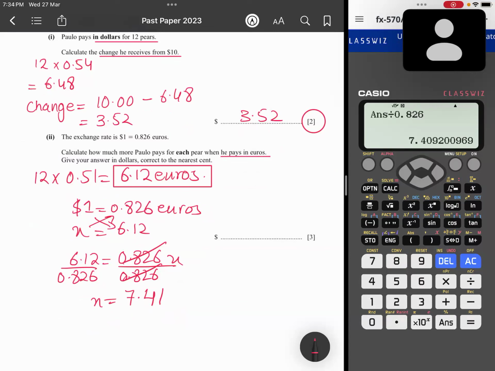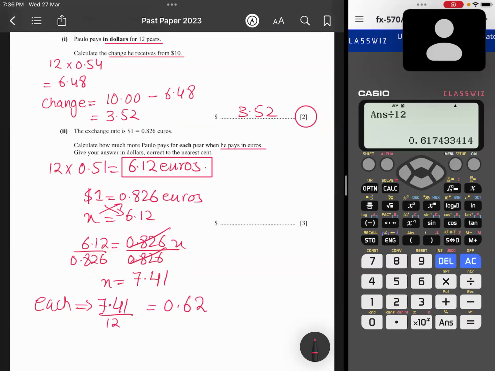Okay, so the mistake we made here is that we calculated for 12. So let's divide this answer by 12. So 7.41, each divided by 12, gives 0.61 or 0.62.